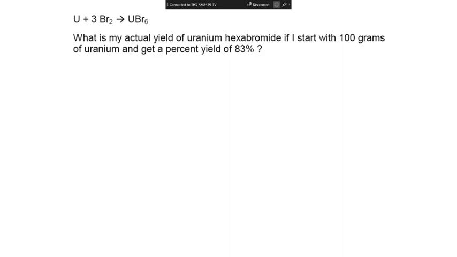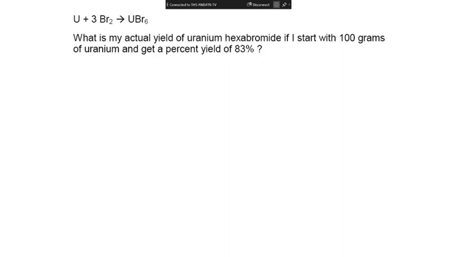The first step is still going to be the same, where we're going to do some stoichiometry to find our theoretical yield. But then they actually give us a percent yield and we have to use it for something. So it says, what is my actual yield of uranium hexabromide if I start with 100 grams of uranium and I know that this reaction has a percent yield of 83%.